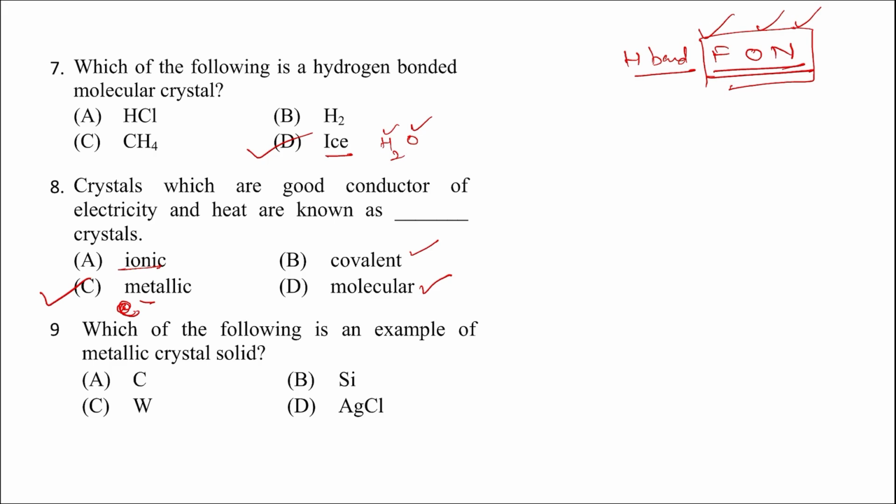Now next is the example of a metallic solid. Just find out which one is the metal. Carbon is a non-metal, silicon is a non-metal. Here this consists of ions, meaning it's an ionic solid.